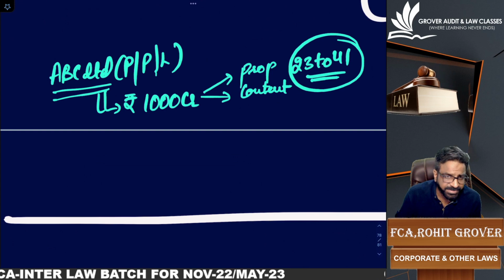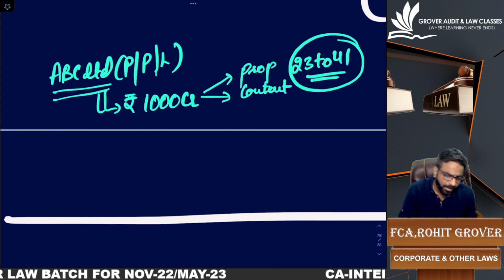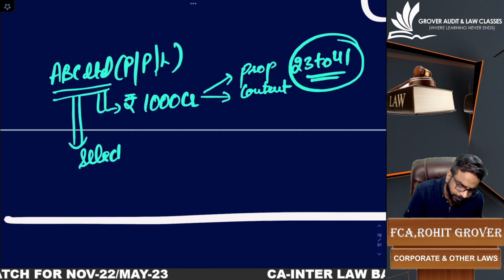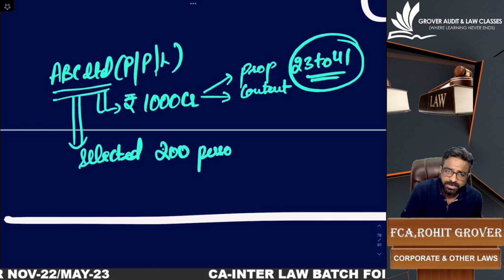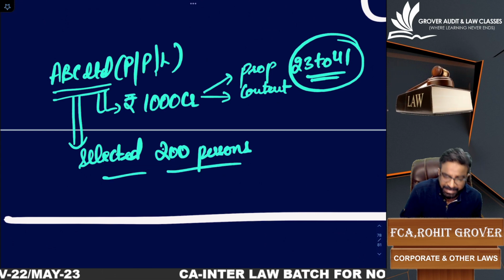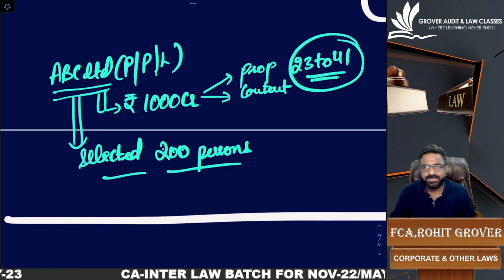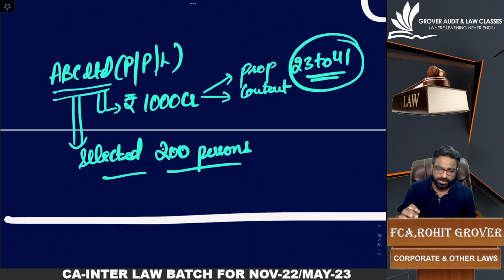Yes. So this company got an idea. Okay, let's do one thing. This company selected some 200 people. How many persons? 200 persons. And it asked them, okay, I want to raise the 1000 crore rupees. Will you be interested in giving me the 1000 crore rupees?